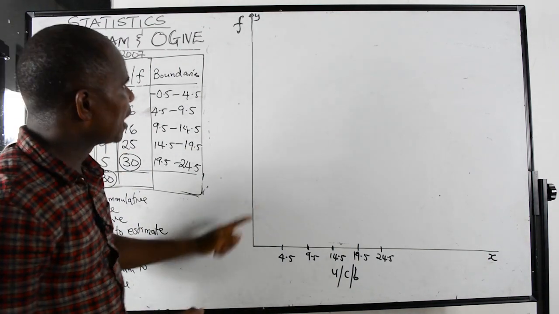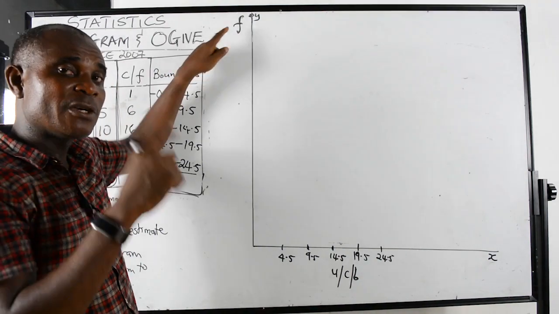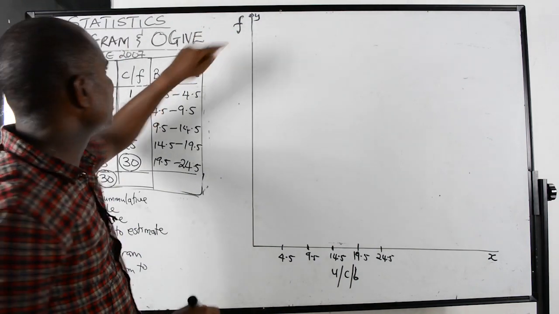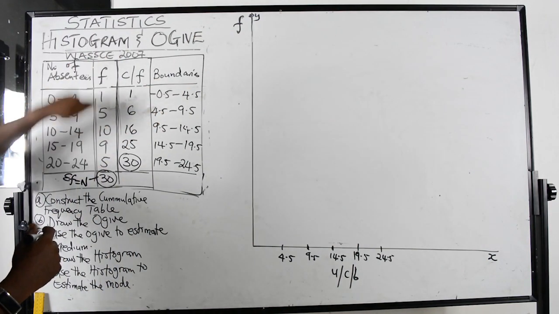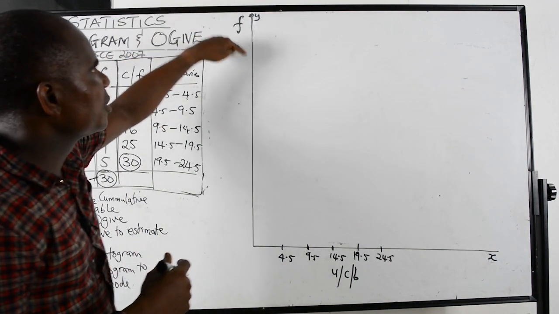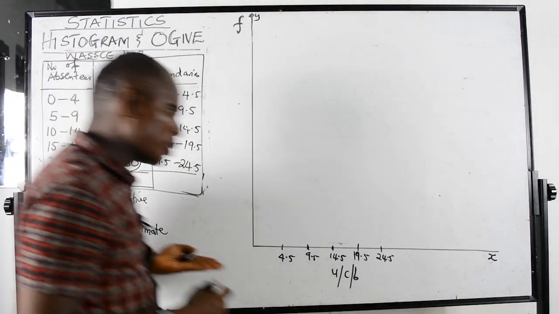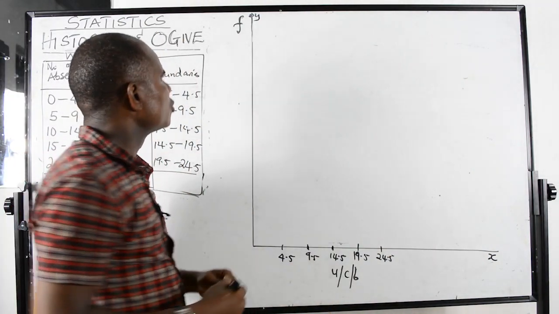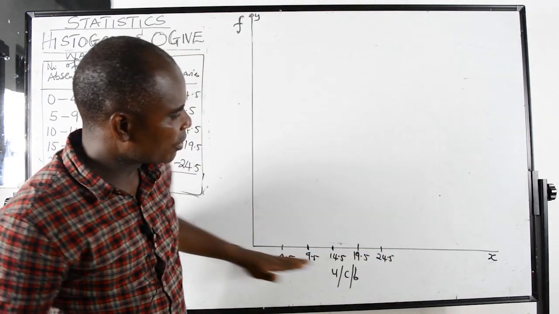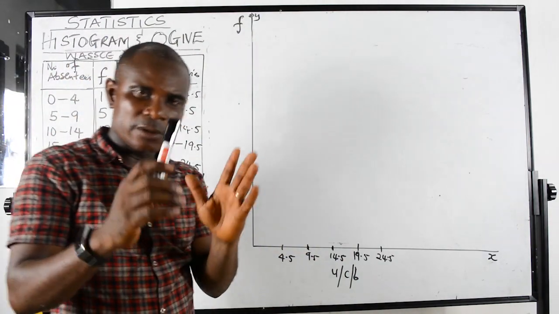The difference is that on the vertical axis we are not going to put the cumulative frequency like in the case of the archive. Watch out for the difference. In the histogram, we put the frequency. So I'm using these values now, not the cumulative frequency. The cumulative frequency I put for the cumulative frequency curve, which is the archive, against the upper class boundary. So it's like they have a common denominator, the archive and the histogram. Both of them have the upper class boundaries on the x-axis, and the vertical axis is what brings the variation.